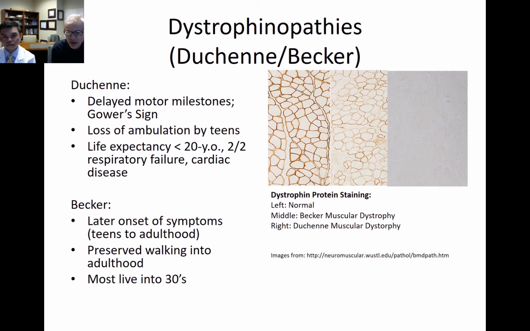Whichever protein you're staining for by immunohistochemical staining, you will normally identify a membranous stain. If it is partially absent, you will see this type of stain, and completely absent, you will see this type of stain. Here, we're talking about the most important and prevalent of these, Duchenne and Becker.